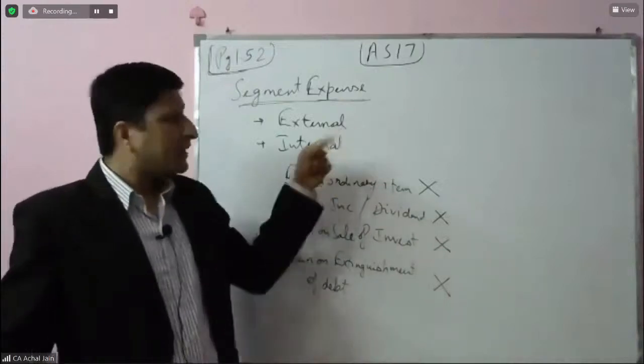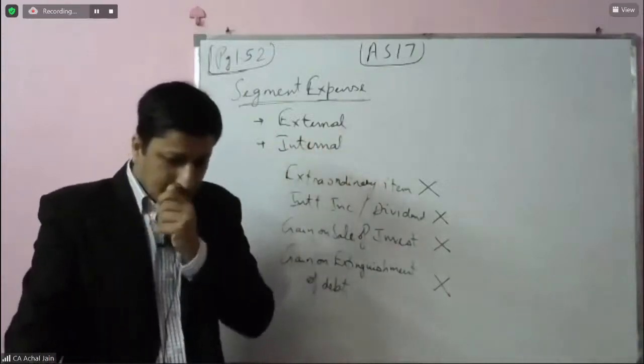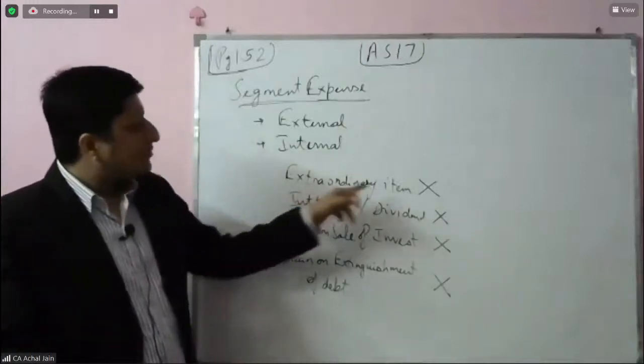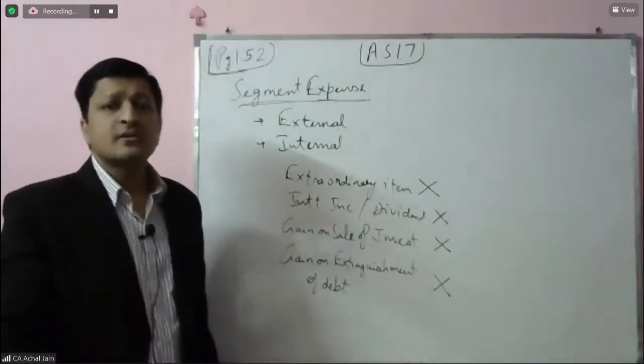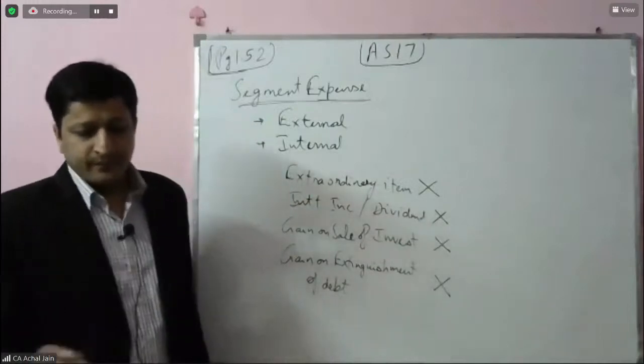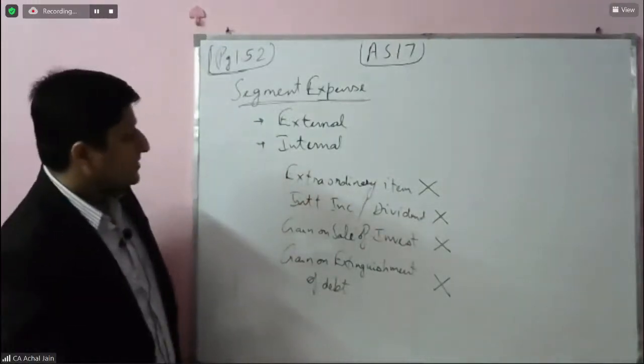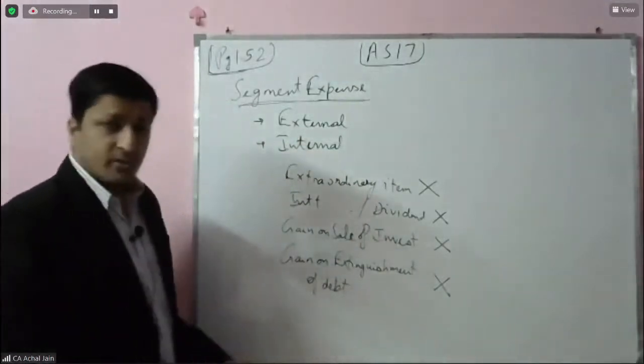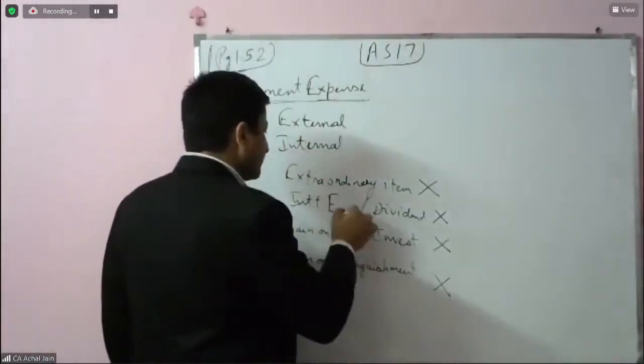So that means internal as well as external. Here again, some of the items which are excluded. Extraordinary item. So let's suppose if there is extraordinary expense. Instead of interest income, now we are talking about interest expense. So that should also be excluded.